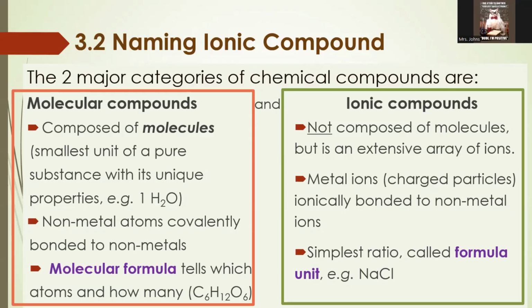They're metal ions bonded to non-metal ions, and their name is not according to any kind of molecule. It's just the simplest ratio of each kind of atom that's in the array, so it's known as its formula unit. Sodium chloride is the classic example.